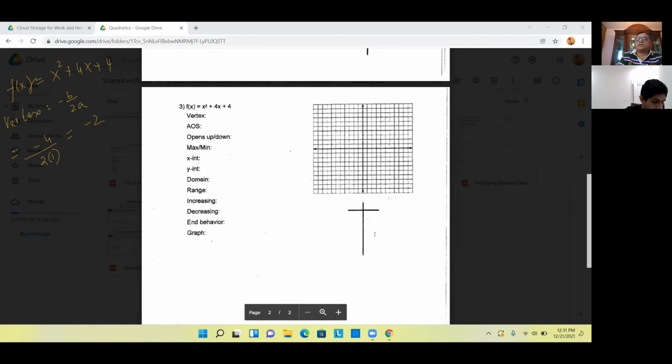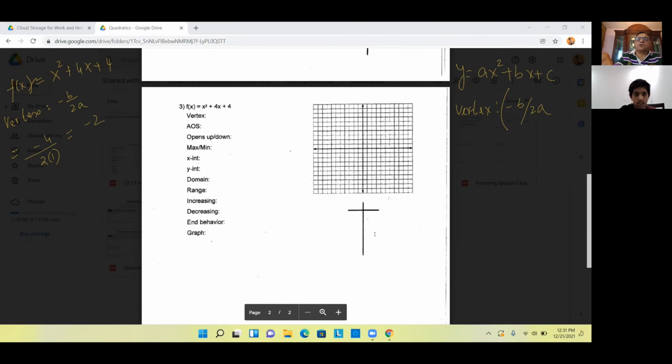Let me tell our students that normally the equation is y equals ax squared plus bx plus c. The vertex is at minus b by 2a, and that is the x value. And the y value, you have to substitute this value to get the y value, right?